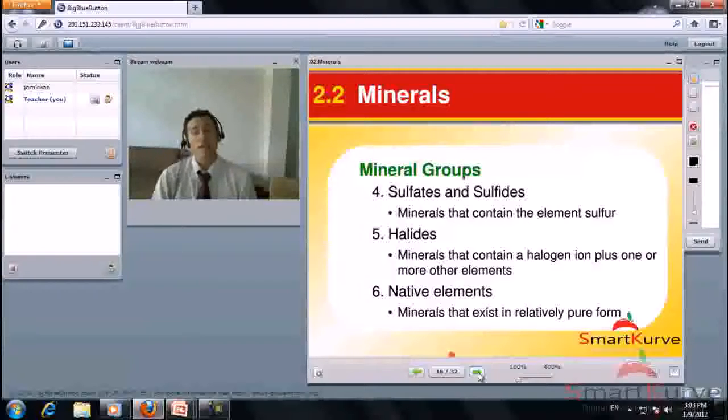They form a lot of ionic bonds because they all have one space left in their valence shell, in their outermost shell, so they want to gain one more electron. So they gain electrons very easily, and so they form negative ions, which will then bond with positive ions. When this happens, we get the halides. And number 6, native elements, minerals that exist in relatively pure form.